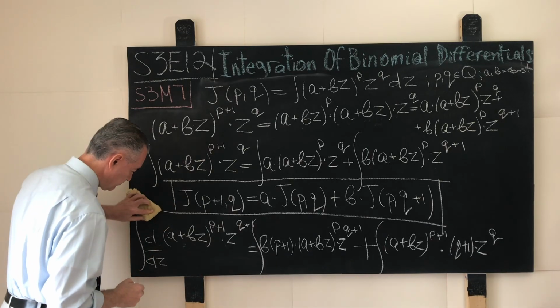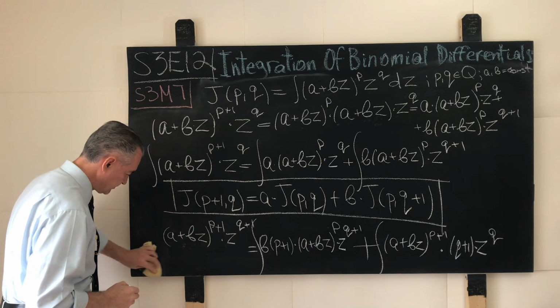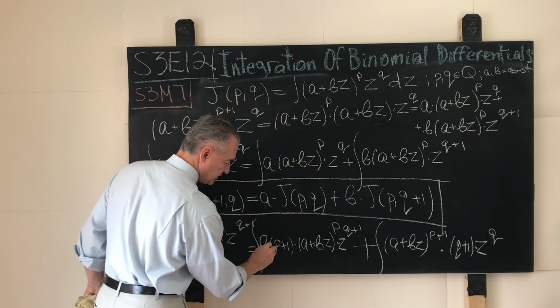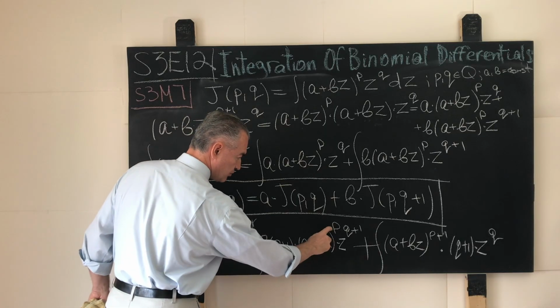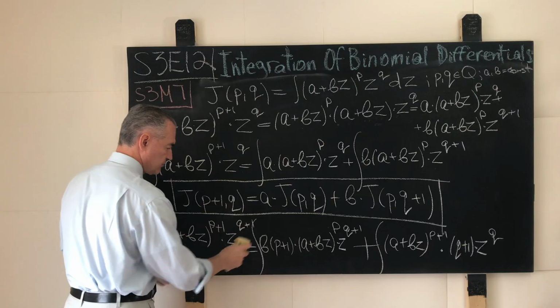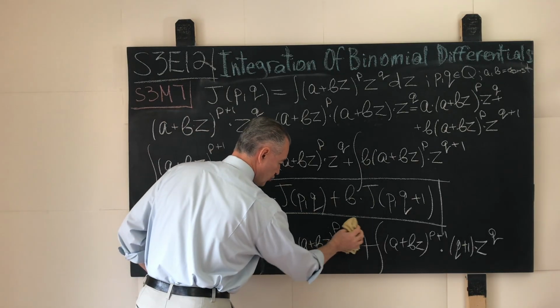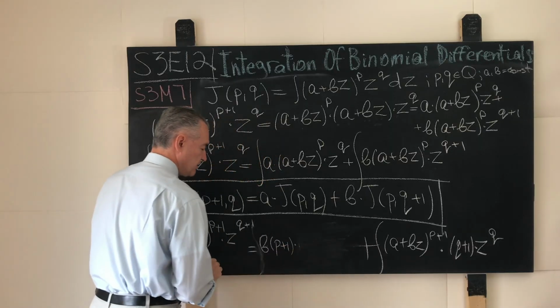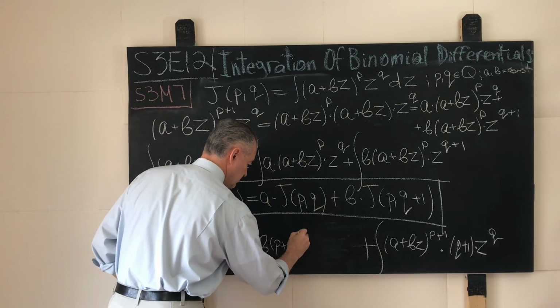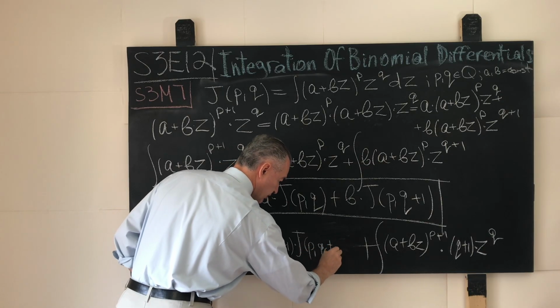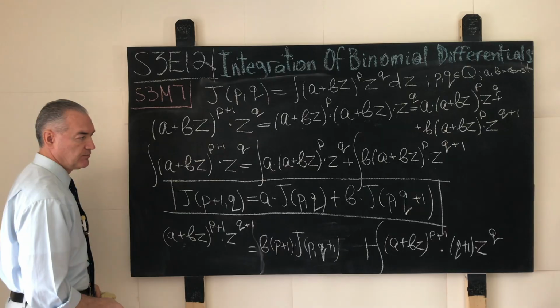So here we erase this and we obtain right away B times p plus 1 is a constant, and what do we have here? Let's carefully erase this integral and just rename it. It's q plus 1. This is our integral J p, q plus 1.